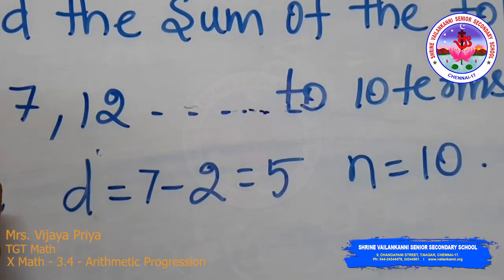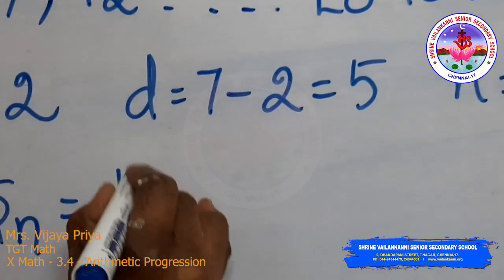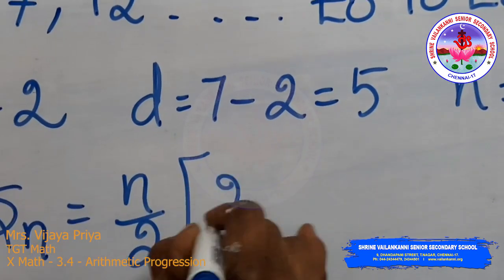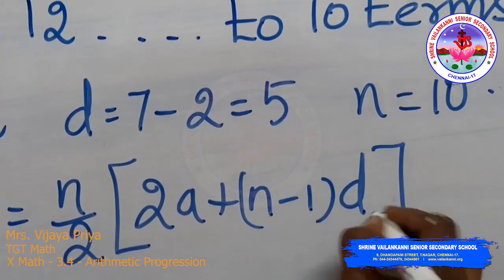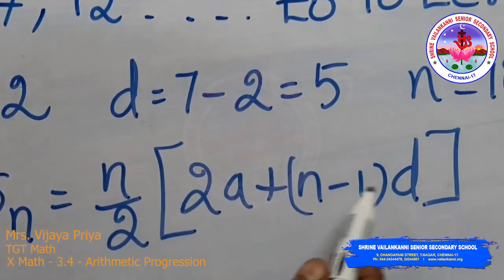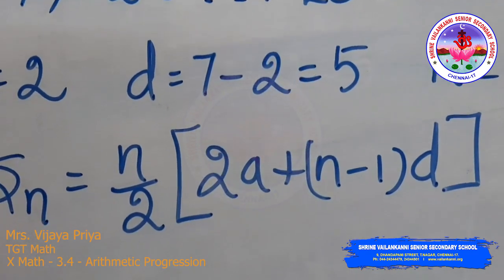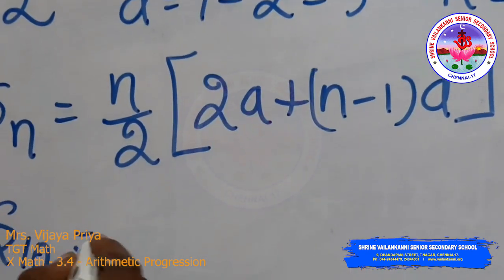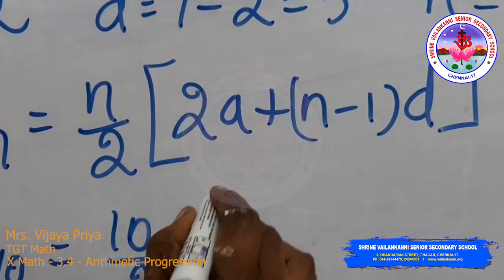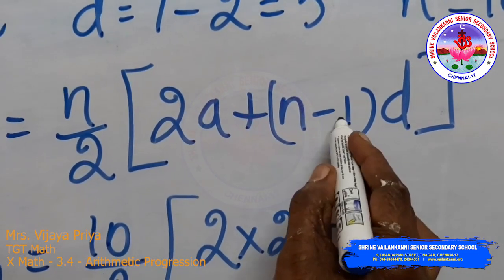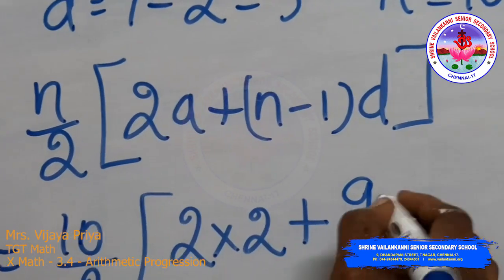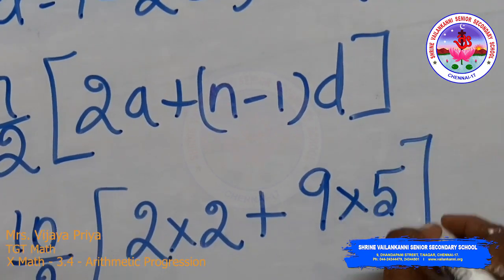I want to find the sum using n by 2 into (2a plus (n minus 1) into d). So I am going to substitute the values of a, n and d in my Sn. I will get S10 is equal to 10 by 2 into (2 into 2 plus (10 minus 1), so 9, into my common difference 5).